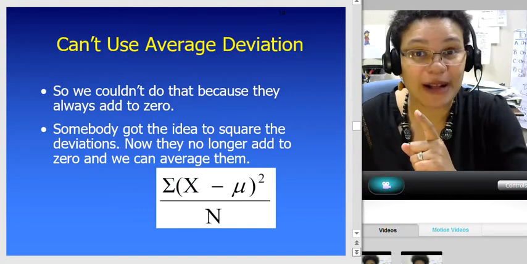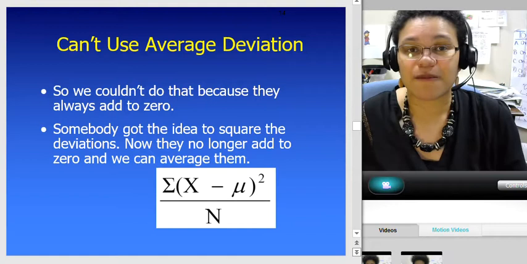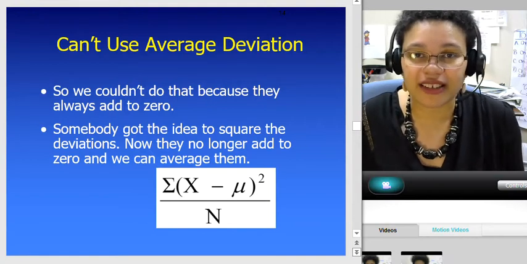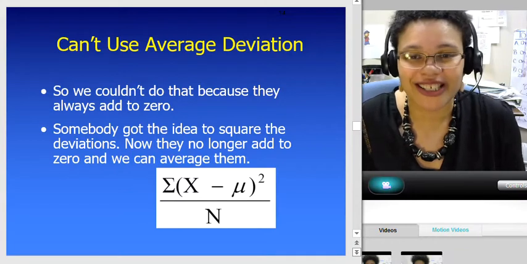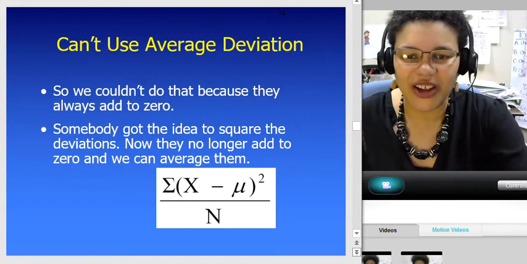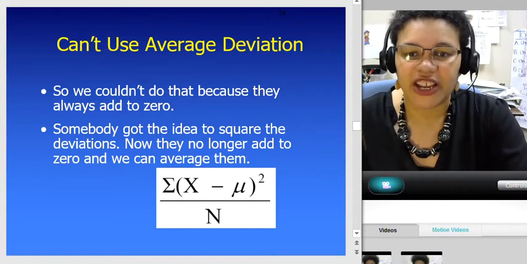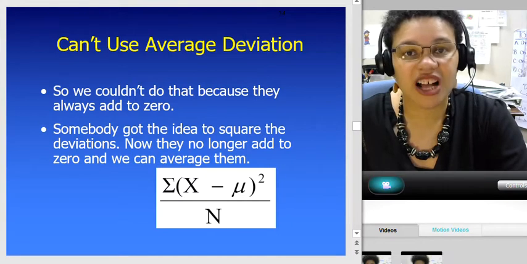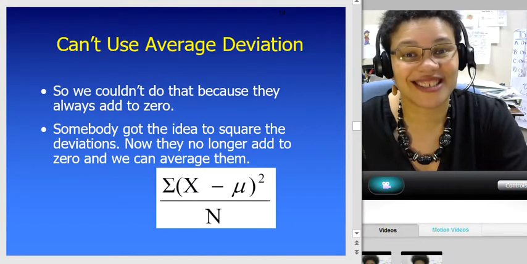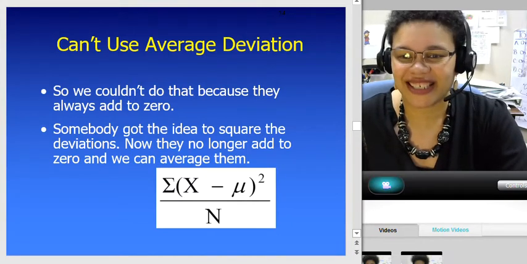It solves the problem because you won't have the negative numbers outweighing the positive numbers if you're squaring the numbers. They no longer add to zero. We can average the sum of the squared deviations. Try saying that fast.